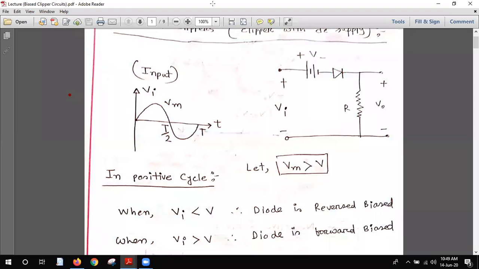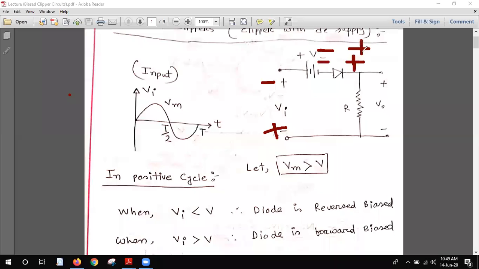In the negative cycle, now this will be the minus, this will be the plus. The diode is connected with minus here and plus there, and for the DC also, this is connected in minus and this in plus.